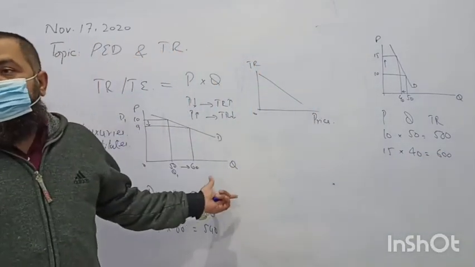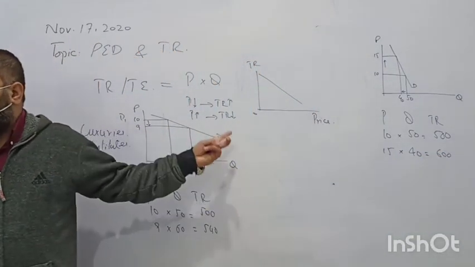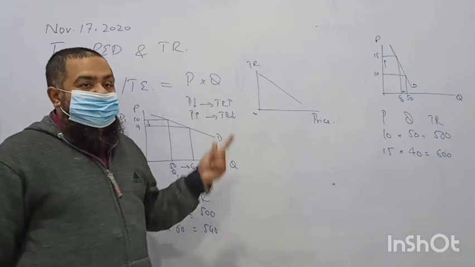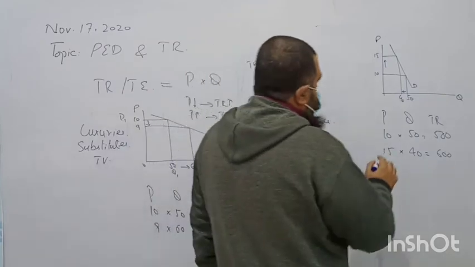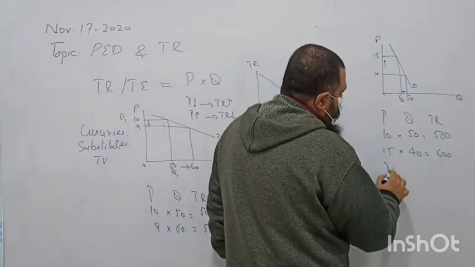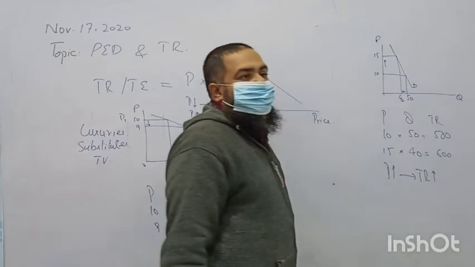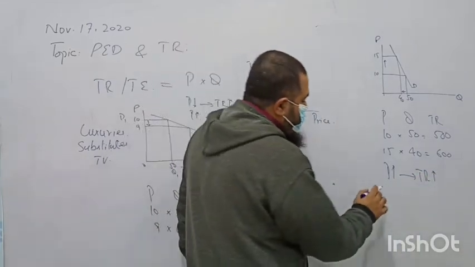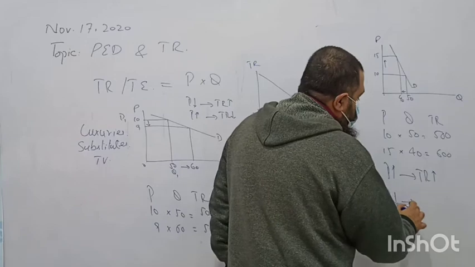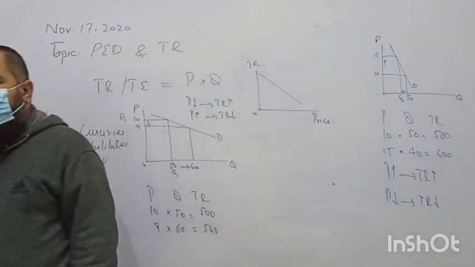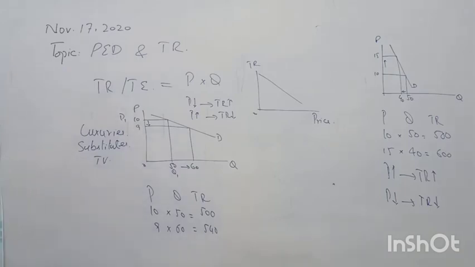Is it opposite to the previous one? Now by increasing the price, the revenue of the seller is increasing. As price increases, total revenue will also increase, and as price decreases, total revenue will also decrease. Madhur, is it clear? Now they are moving in the same direction.